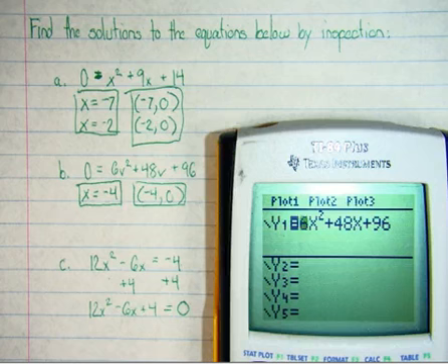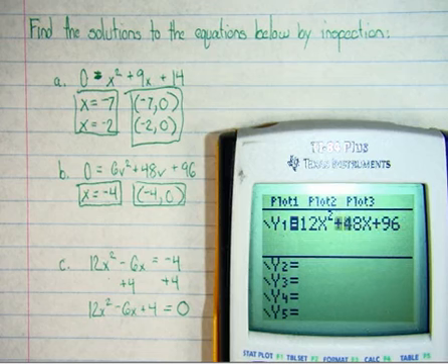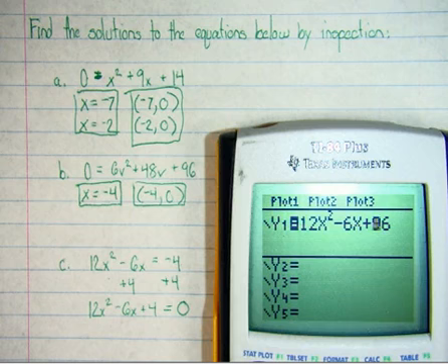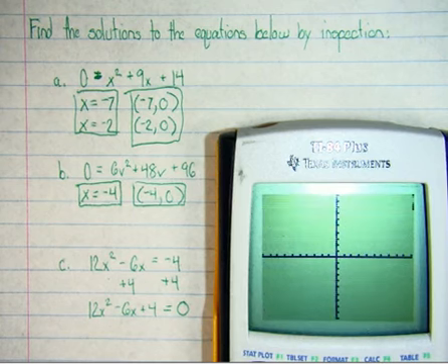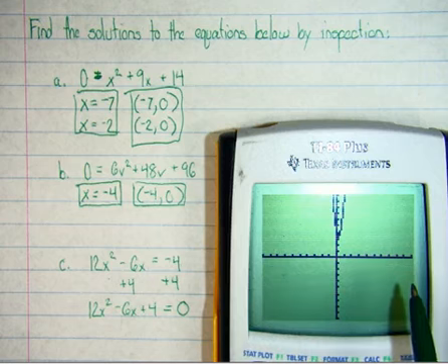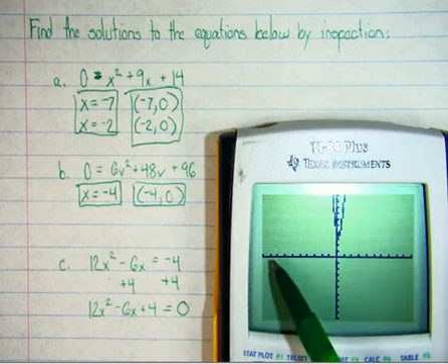So we'll go to our y equals screen. We're going to have 12x squared minus 6x, and we're adding to that 4. So now we press the graph button and we see what it spits out. And notice this does not cross the x-axis at all. It's way up here and it never actually interacts with the x-axis.